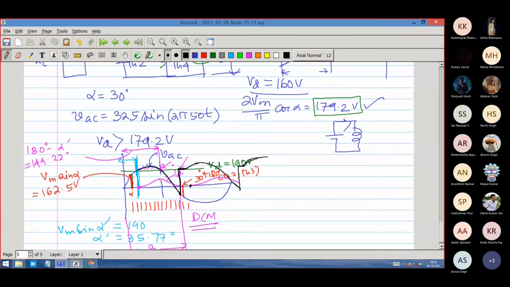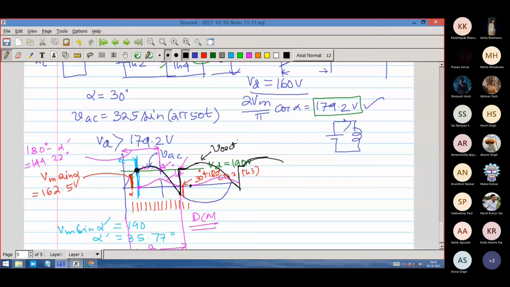So moral of the story is that this point is 35.77 degree to the beta angle, not yet calculated. We will calculate the beta angle. It will simply follow the input voltage in the positive cycle, and rectified input voltage in the negative cycle.